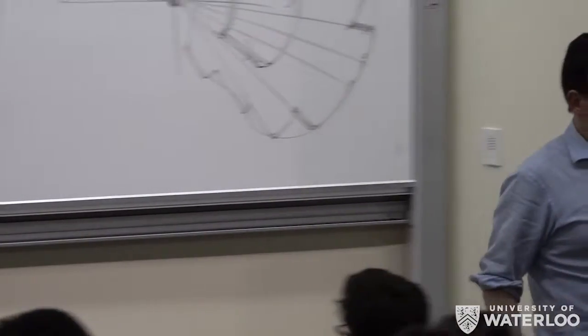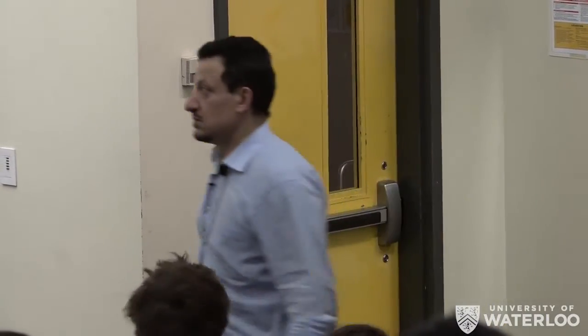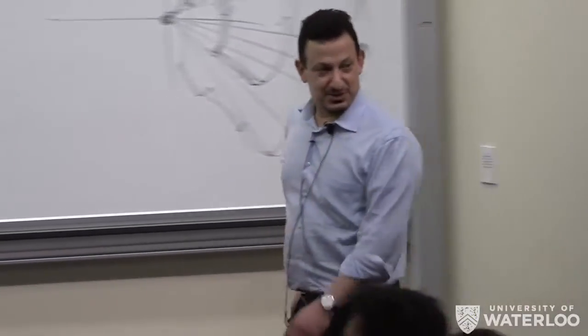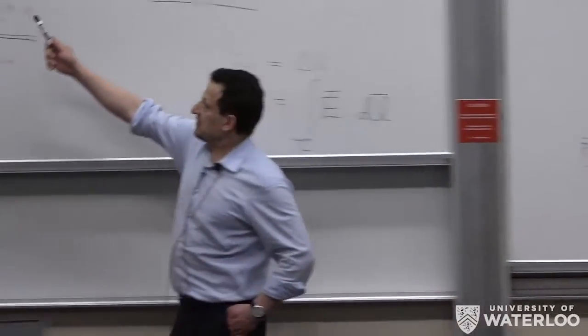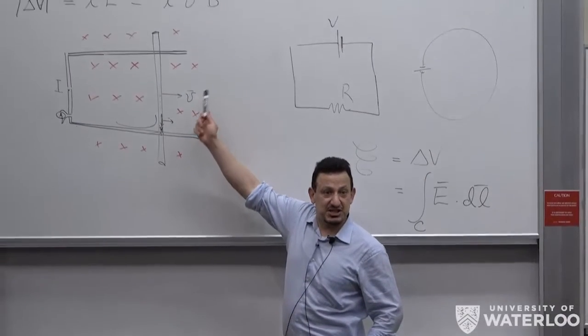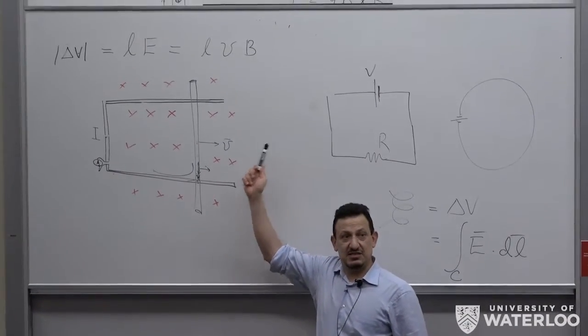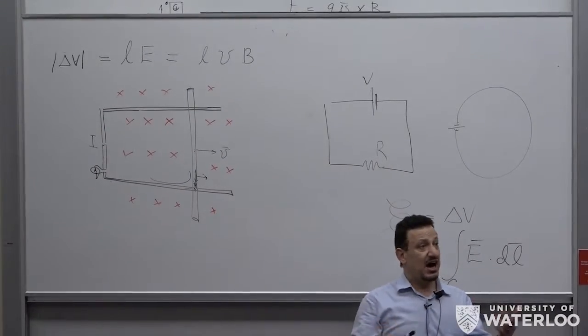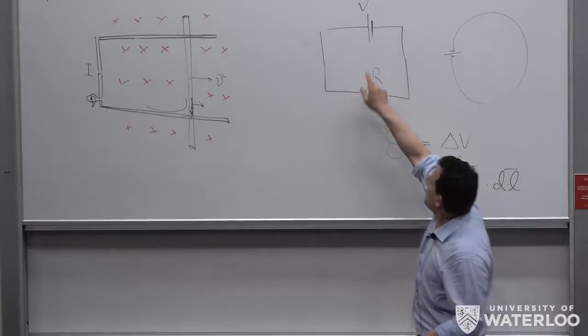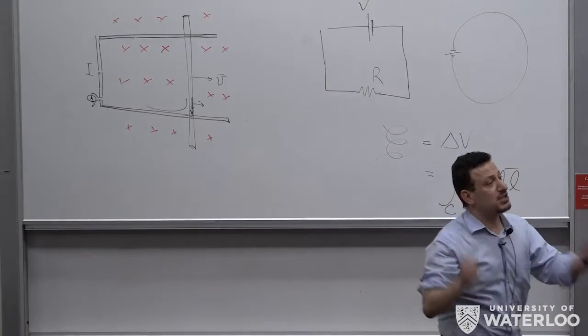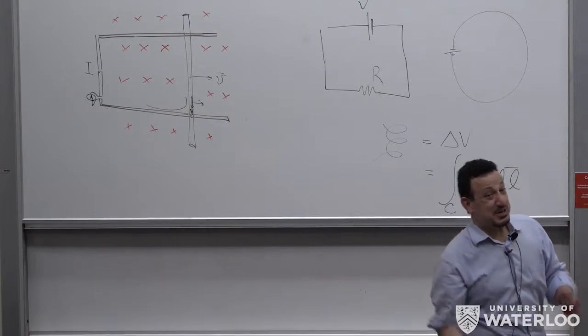You had a question? If you start moving at non-constant velocity, that's going to create AC current. We're going to go to that. Yes. In other words, if I have acceleration, then I have an I, and a V that is not constant. That's a very good observation.